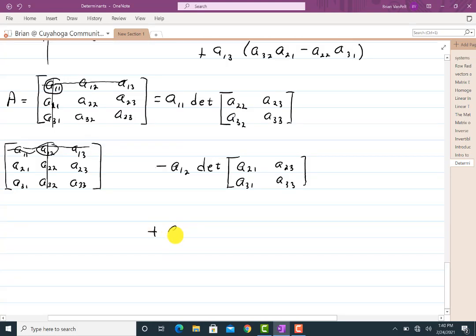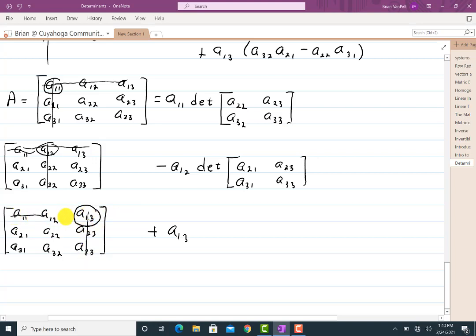Plus A13. Let me draw a picture similar to these other ones. Then when I match up the A13, I strike its column and its row, and whatever's left over is what I need to be in this matrix.